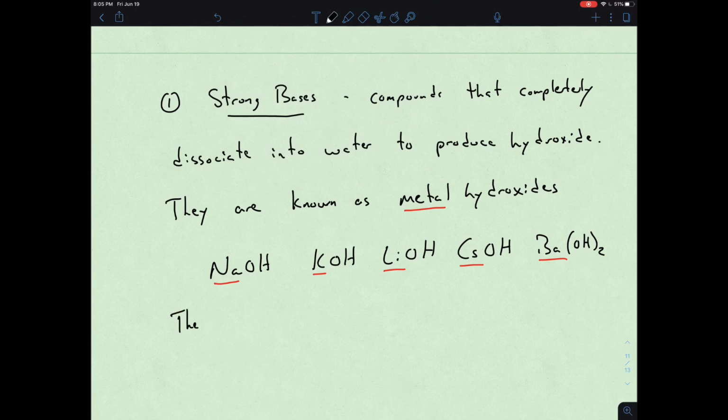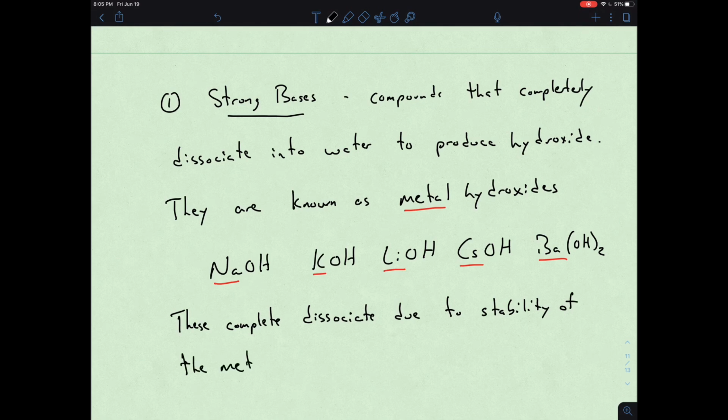And so these completely dissociate due to stability of the metal cation in water. Remember your ion-dipole forces idea with that type of stability.